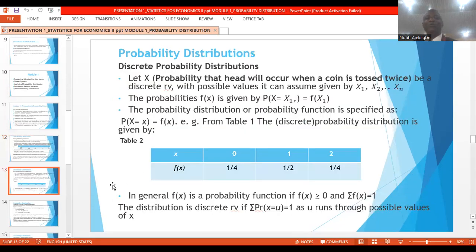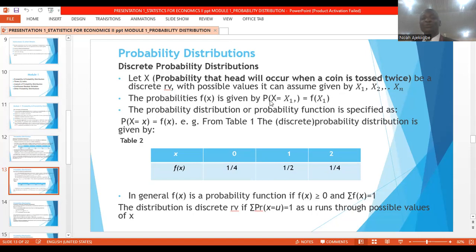Now, for a discrete random variable, I told you earlier that it is denoted by x. Let's assume the probability that heads will occur when a coin is tossed twice, like you saw in the other table, that x can assume values like x1, x2, and xn in the first toss, second toss, third toss. When you carry out the experiment, the probability that x will take place is given by f of x.